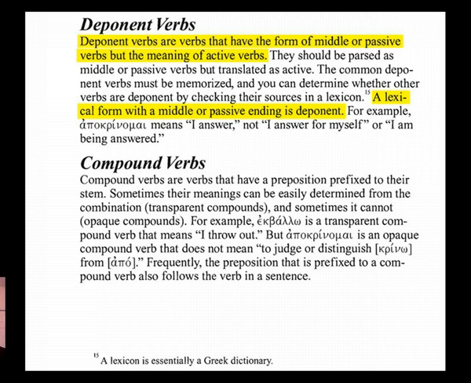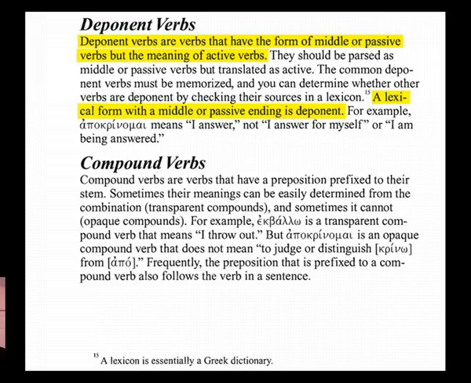Well, the form is middle passive, alome or alumatha, but the meaning is active, jumping. In fact, William Mounce says that 70% of the verb forms in the New Testament that are middle passive are actually deponent verb forms, which means they're active in meaning.